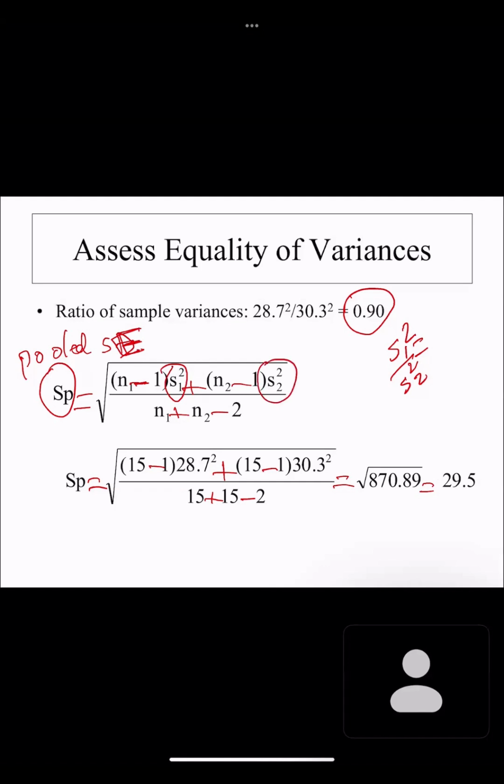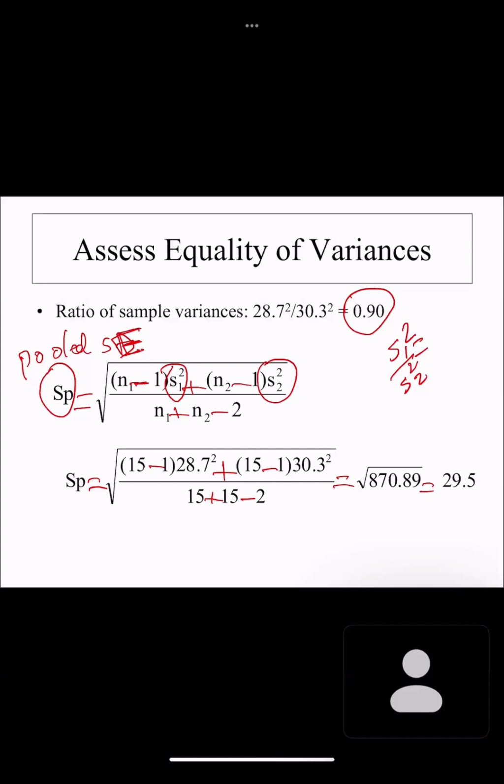To see whether their variances are equal, we take the ratio of S1 squared over S2 squared. If it is between 0.5 and 2, we can go on and compute the pooled S. If they are not equal, there is another formula, but you are not responsible for it.